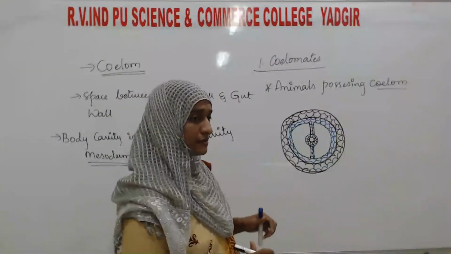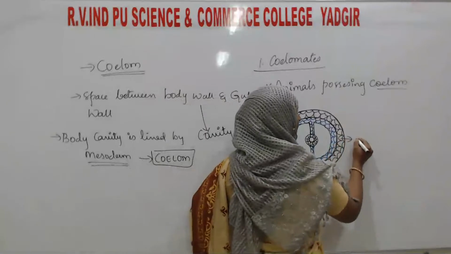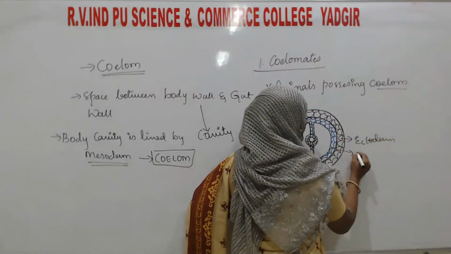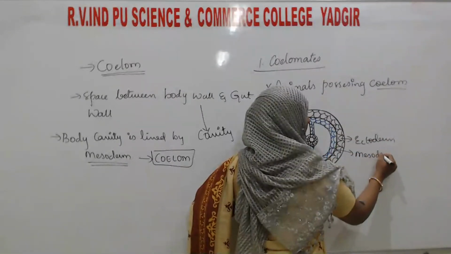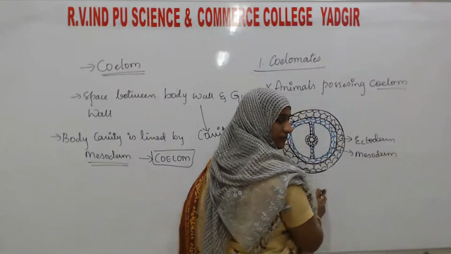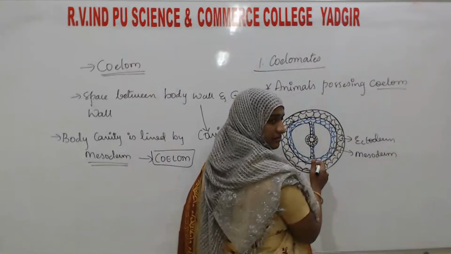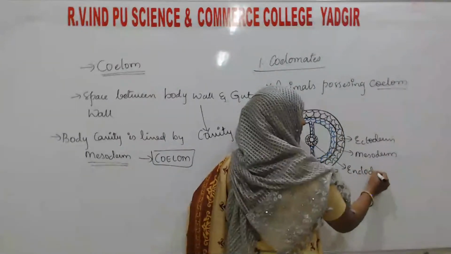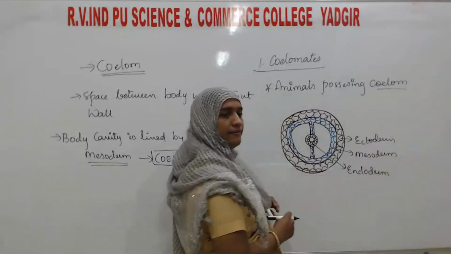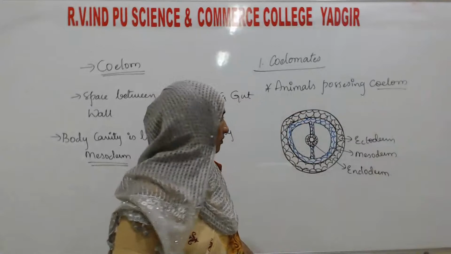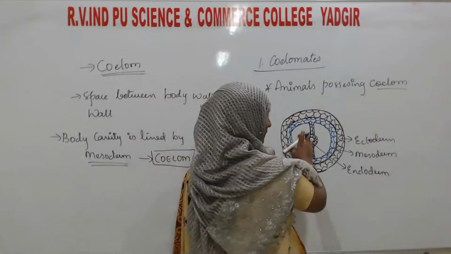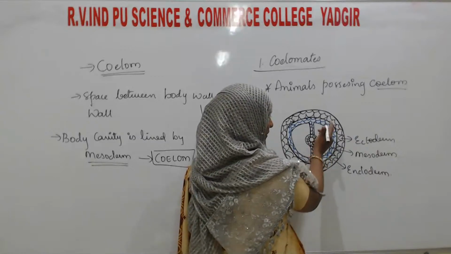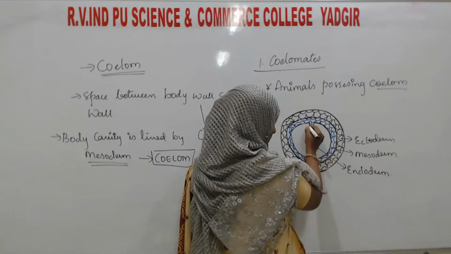Now listen here. This is the ectoderm, this is the mesoderm, and the inner layer is the endoderm. This space you are seeing is the body wall.